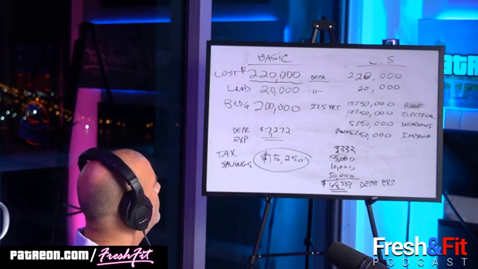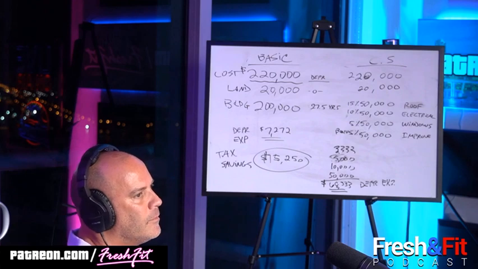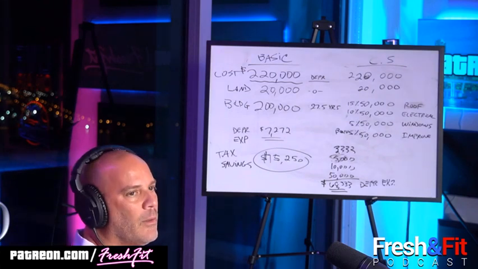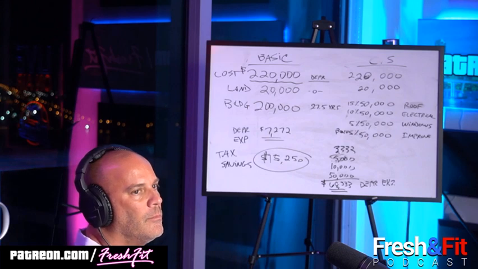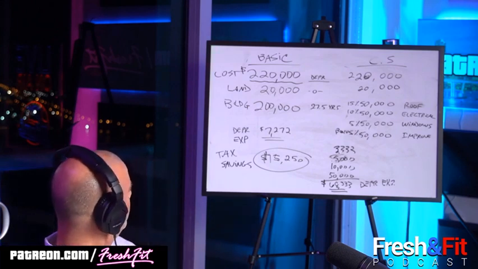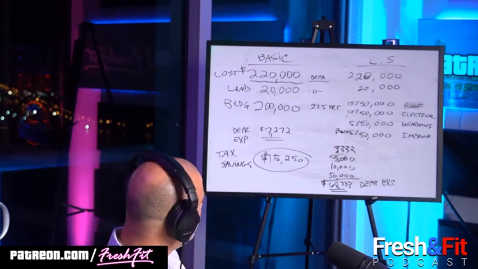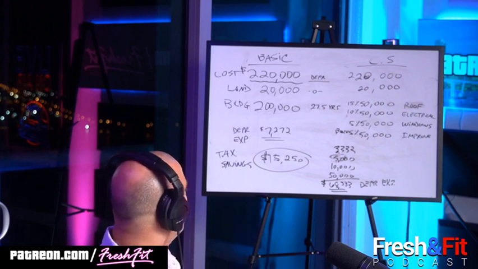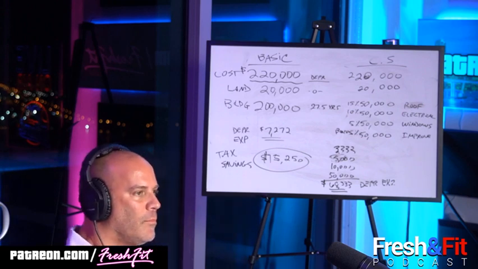You have $220,000 on the purchase price. Immediately, 10% goes out the window because the home is on land, obviously. Then you're only left with the building, which gives you $200,000. You depreciate off that over 27.5 years. That leaves you with $7,272 that you can now use against your income to offset it.